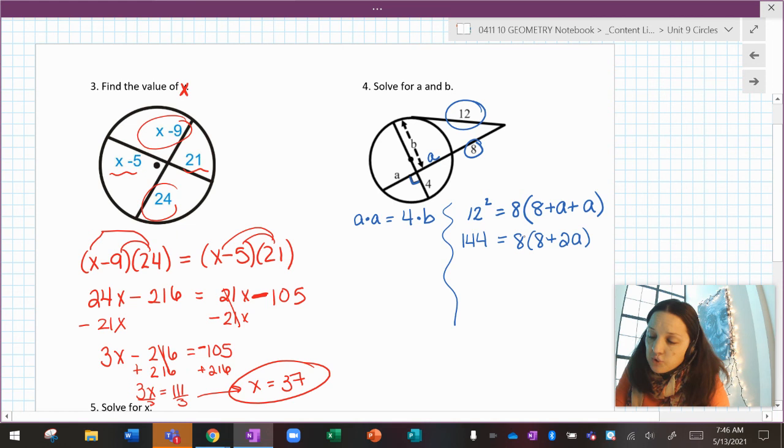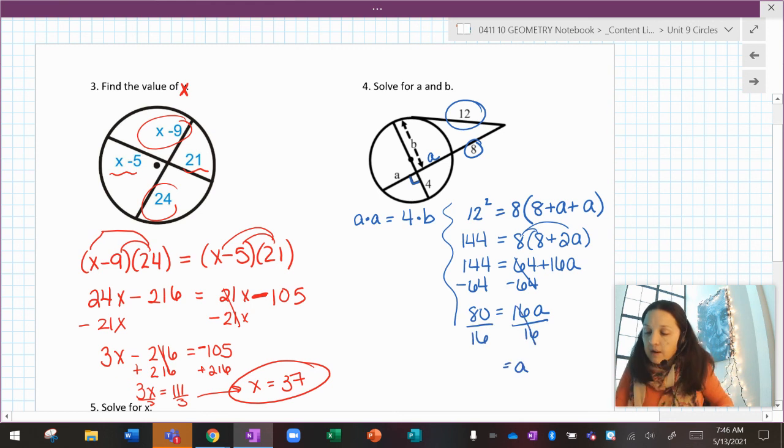And then if I distribute that 8, I have 144 equals 64 plus 16A. I'm going to subtract 64, and then I'll get what? 80 equals 16A. And then I'm going to divide by 16. And if I do 80 divided by 16, I believe I know what I'll get, and I do. It's 5.